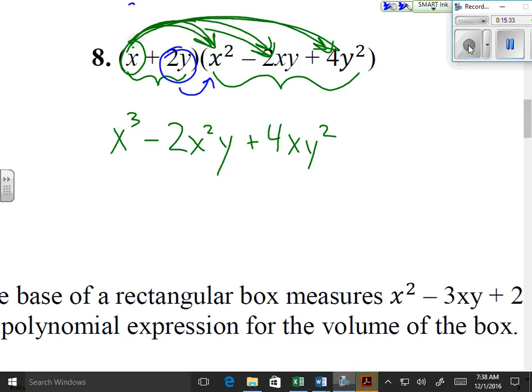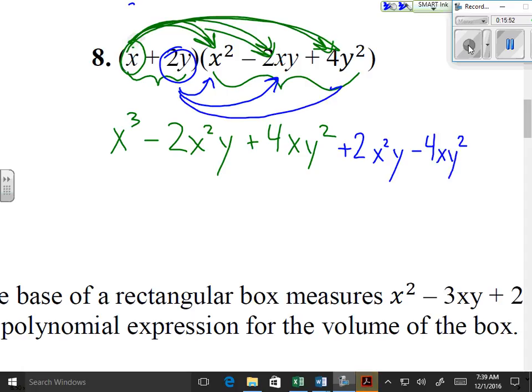That becomes 2x squared y, I'll put the x's first, alphabetical. And then this would become negative 4 x y squared. And that would become plus 8 y cubed. Very good.